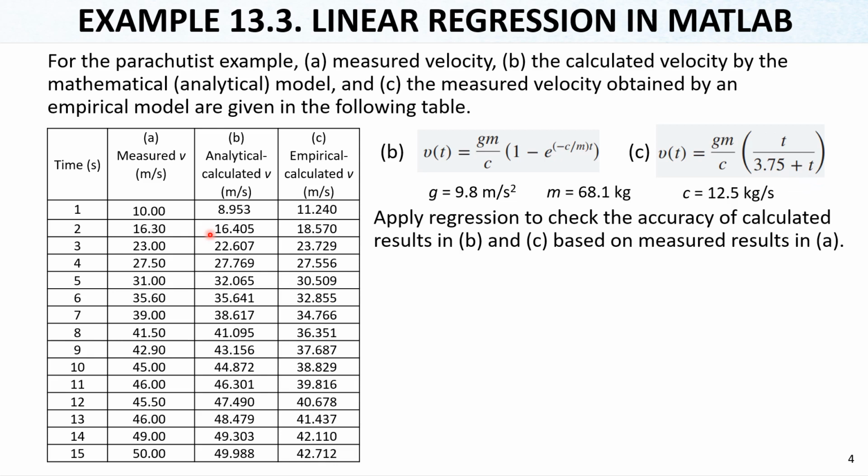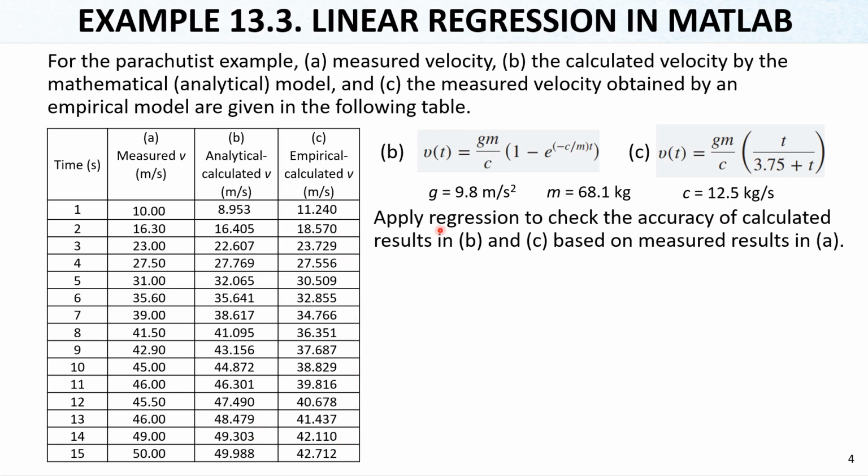So we want to evaluate the goodness of the data that we obtain from B and C, because the measured values are the correct values. For different times, when we substitute these into here, we can calculate v's, and v's are here for the analytical model. And for the empirical model, these are here.